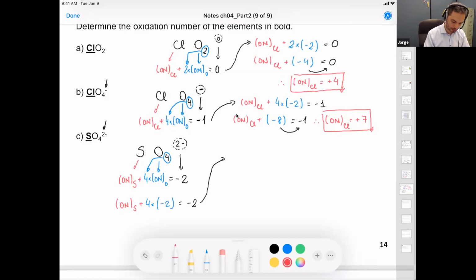So we will end up with the oxidation number of sulfur plus -8 equals -2. There is only one solution for this equation. Therefore, the oxidation number of sulfur has to be +6.